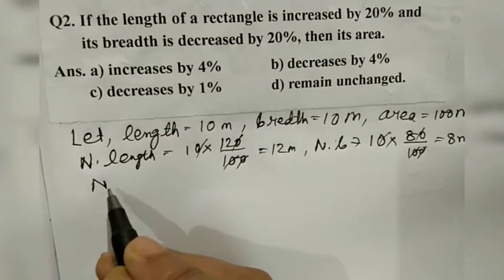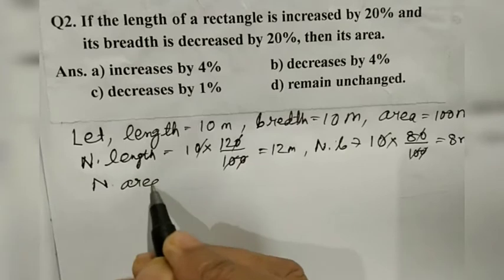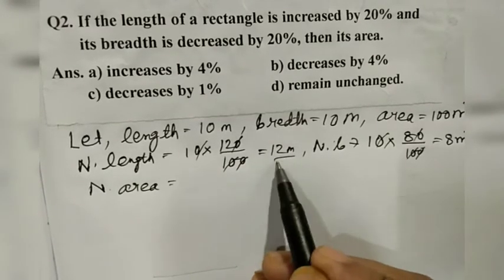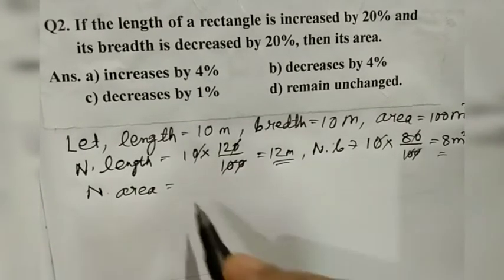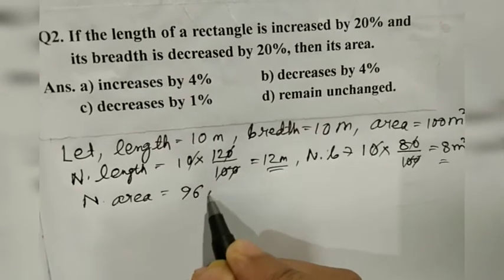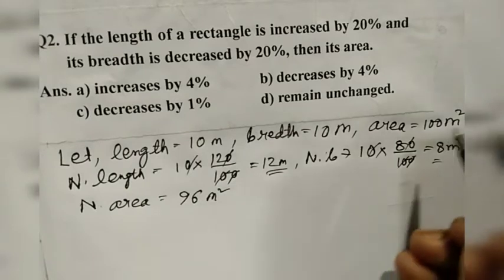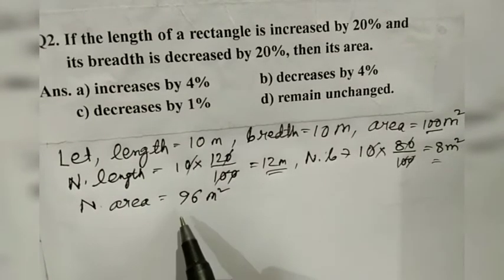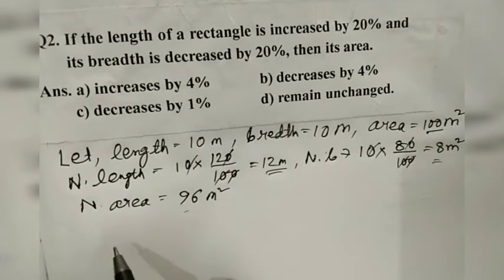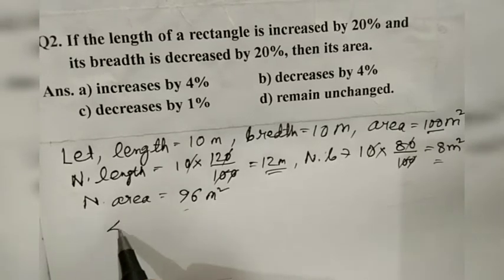New area 12 into 8, 96 meter square. 100 minus 96, the area decreases 4 meter square.